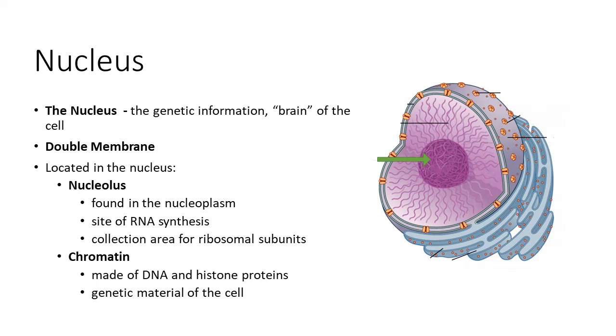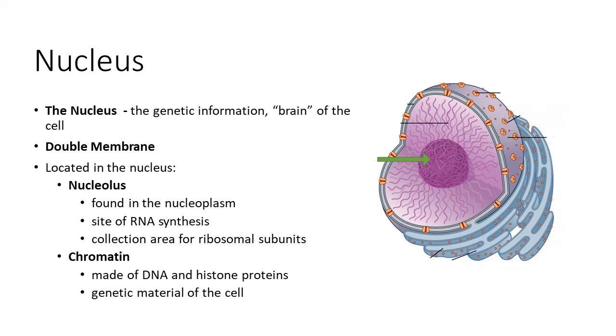Then you're also going to find chromatin, okay? And chromatin is going to be made up of DNA and histones. It's that genetic material, and the chromatin ultimately is going to be twisted and turned into chromosomes.